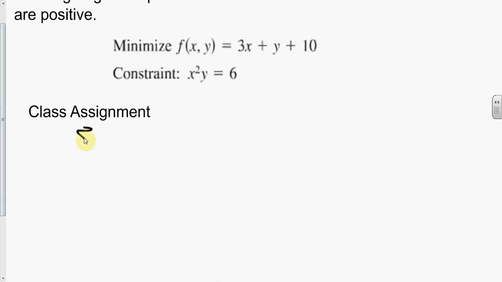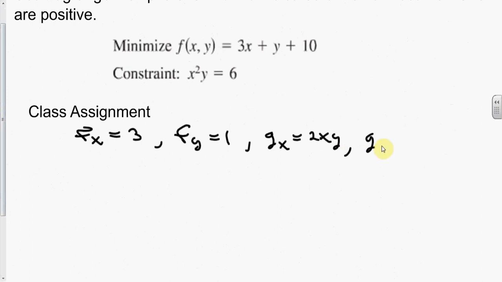So you took the partial of f with respect to x, and that gave you 3. Partial of f with respect to y, we got 1. Partial of g with respect to x, you get 2xy. And the partial of g with respect to y, you get x squared.